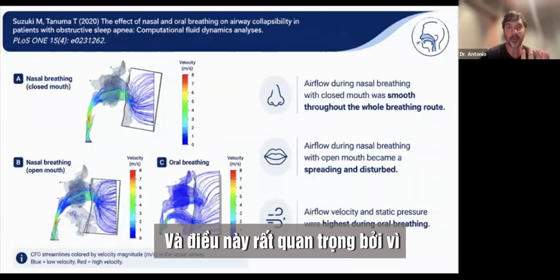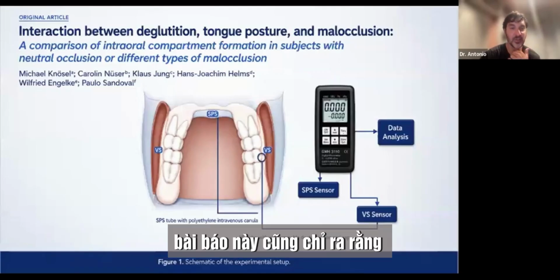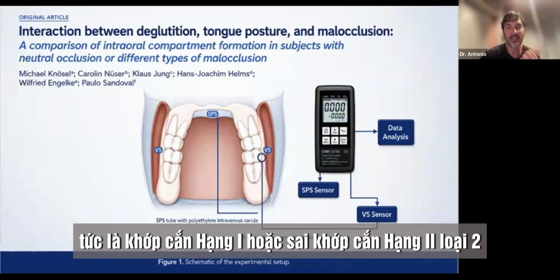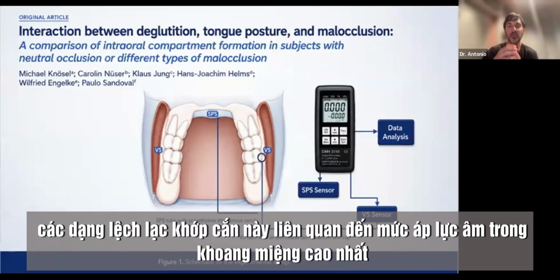This is so important because this article also says that normal occlusion, so class 1 occlusion or class 2 division 2 malocclusions, are associated with the highest level of negative intraoral pressure.